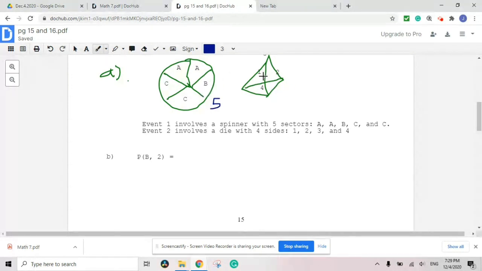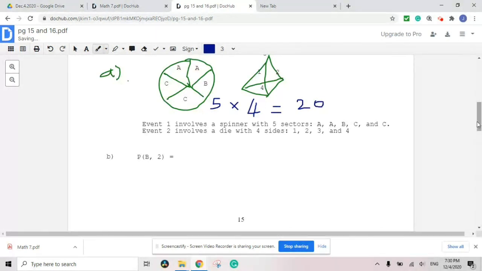On the other hand, when it comes to the die, it is 1, 2, 3 and 4, so I have 4 possibilities. Last time I explained how we can find the total outcome by simply multiplying the total possibilities together. Then 5 times 4 provides our answer, 20.